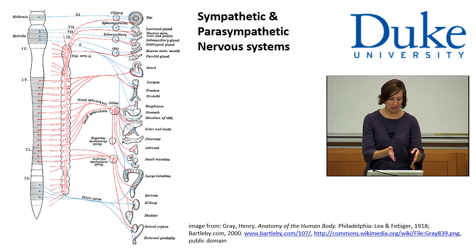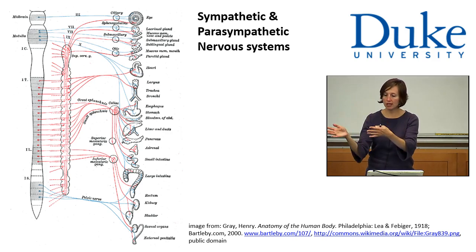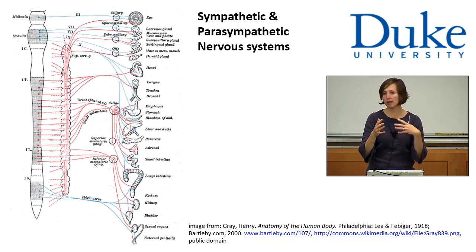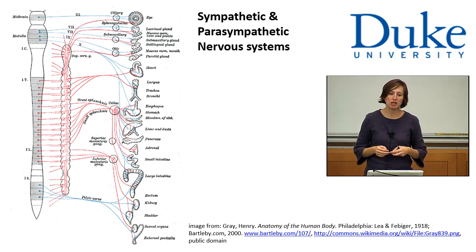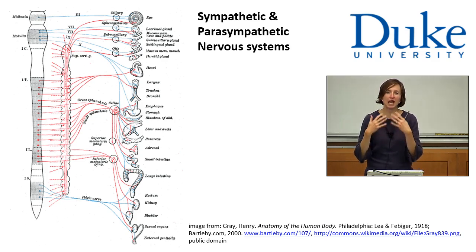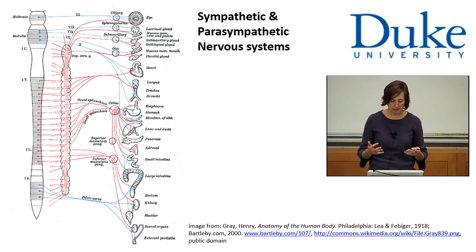And this figure here is just meant to show you that the red lines are the sympathetic nervous system or the parasympathetic nervous system, and the blue lines are the opposite system. The point is just that many organs are innervated by both systems. And the reason behind that is so that we can have exquisite control over the activation of these organs.